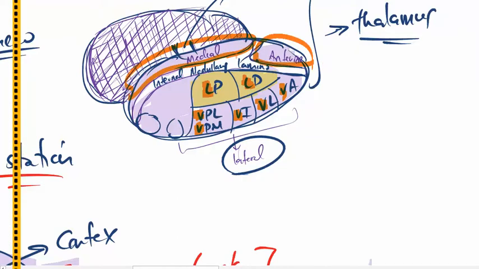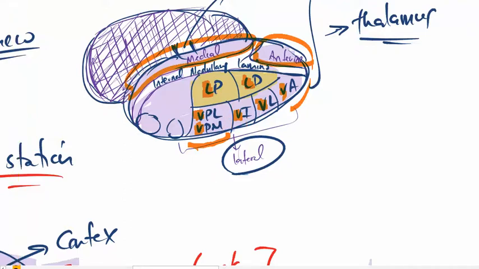You just have to remember that the ones that begin with lateral are on top, and the ones that begin with ventral are further on the bottom. Ventral anterior, ventral posterior, lateral posterior all make sense. So we reason it out and figure out what's where.